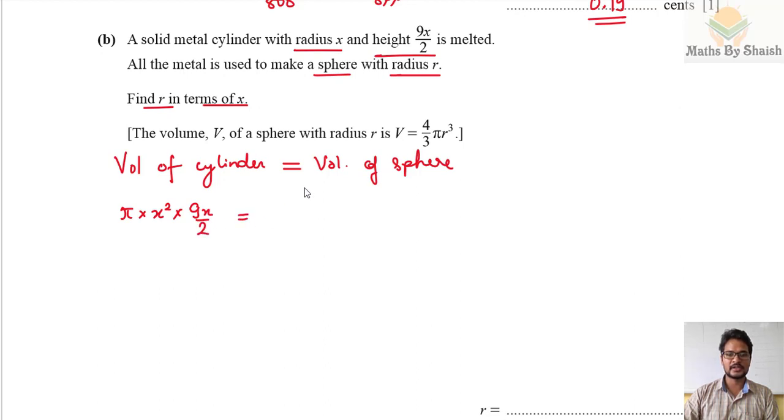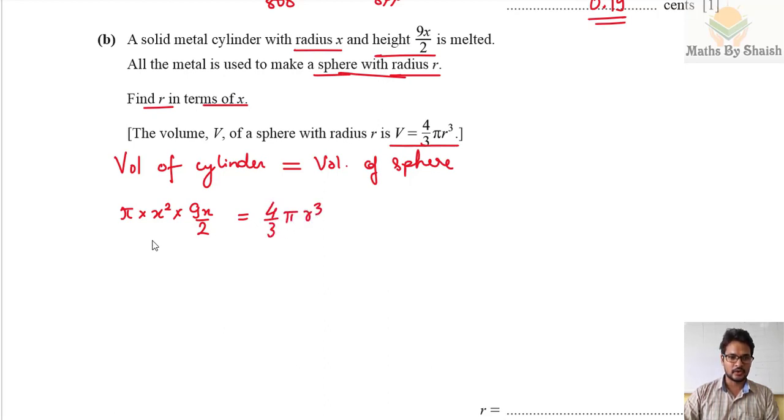It is going to be the same as the volume of the sphere, and we have to remember the formula, 4 by 3 πr³, with sphere radius r.